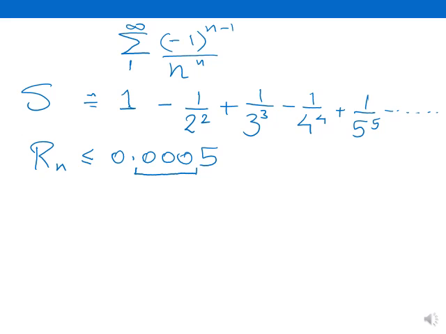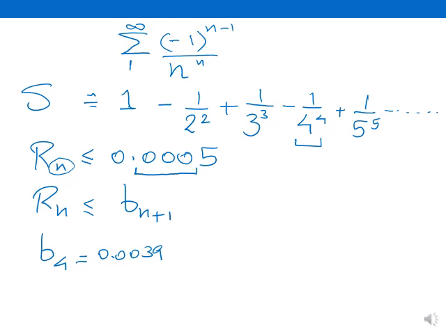Now I have this constraint. What is the value of n? We know for alternating series that the remainder terms are bounded by b(n+1). So let's make some observations and look at our terms. If we look at the term 1 over 4 to the power 4, this is b4, which is equal to 0.0039. This definitely won't satisfy the requested accuracy.